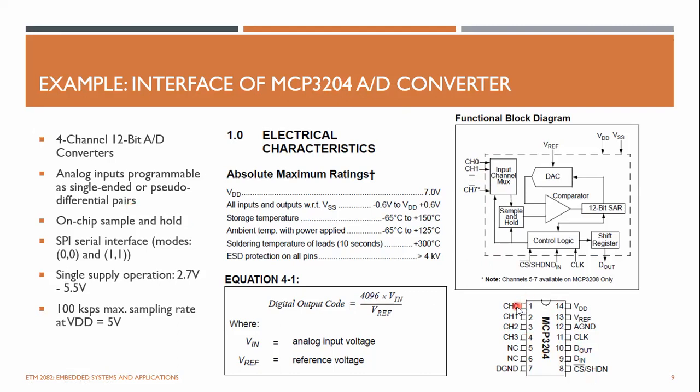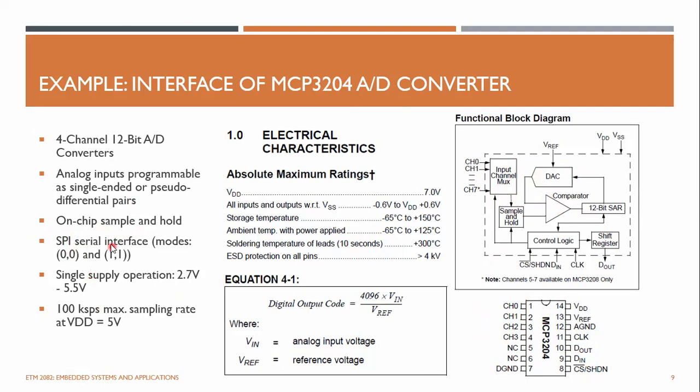So these are the 4 channels: CH0, CH1, CH2, and CH3, like ADC0, ADC1 on AVR chips. And it has an on-chip sample and hold, so the sampling and holding will be done inside this device.